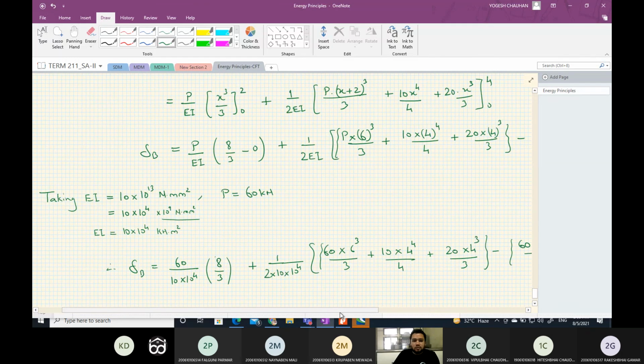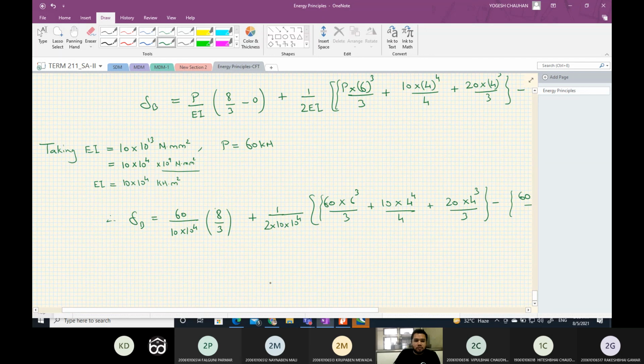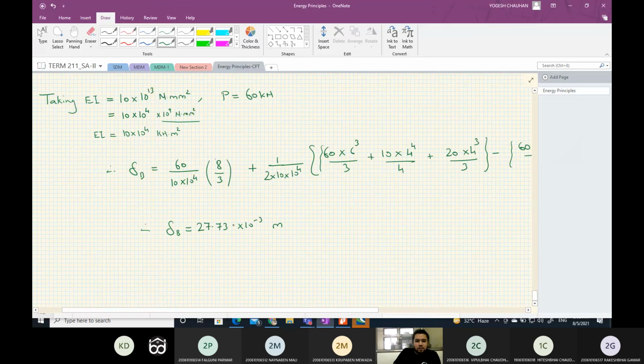Now you calculate this value, you will get delta B equal to 27.73 into 10 to the power minus 3 meter, because all these are in meter, so you can write this as 27.73 mm, and the direction will be downward.